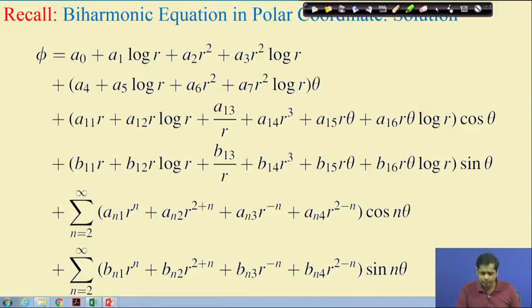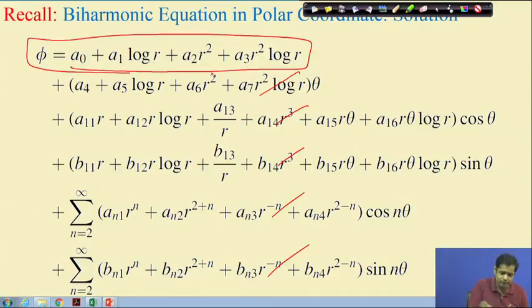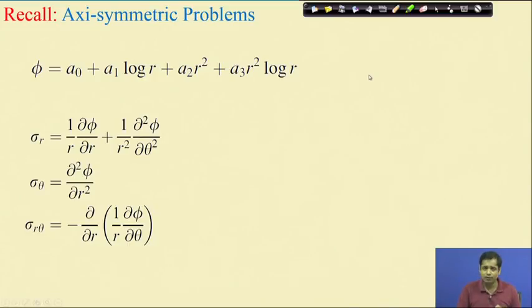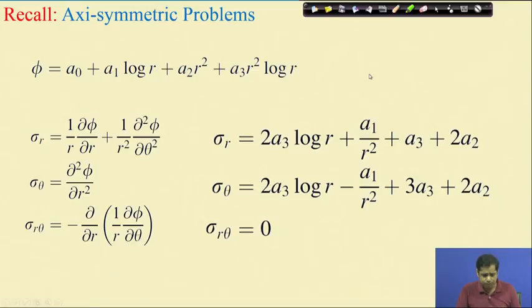For an axisymmetric problem, we can remove all the terms in the stress function where theta appears explicitly, and take only this term as our stress function. This is the definition of Airy's stress function, and if we substitute it, we have the expressions for sigma r and sigma theta as this.